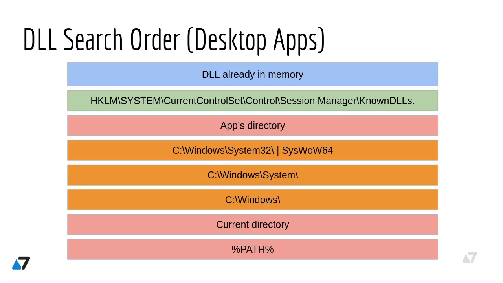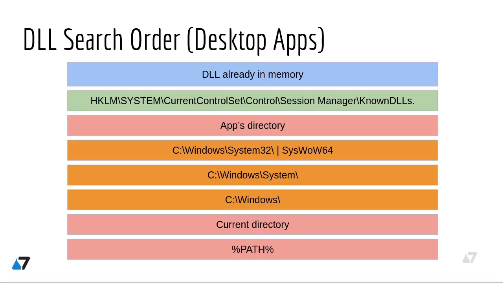Then check system folders like Windows System32 for 64-bit processes and Windows SysWOW64 for 32-bit apps. Then Windows System and Windows folders. And finally, check the current directory and all the folders from the PATH environment variable. So that's the search flow.